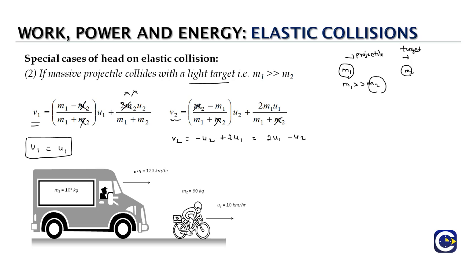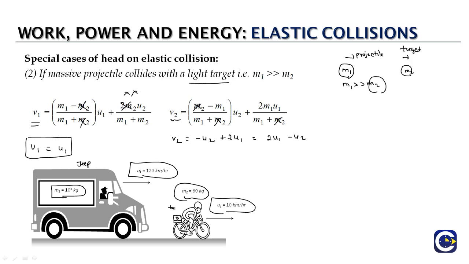Now we can look at this with a simple illustration. Let's say we have a jeep, which has a mass of 10 to the power 3 kg, approaching a cyclist who has a mass of 60 kg, and the velocity of the jeep is 120 kilometers per hour and the velocity of the cyclist is 10 kilometers per hour. Now we can take the jeep to be the heavy projectile, and the cyclist is a light target.